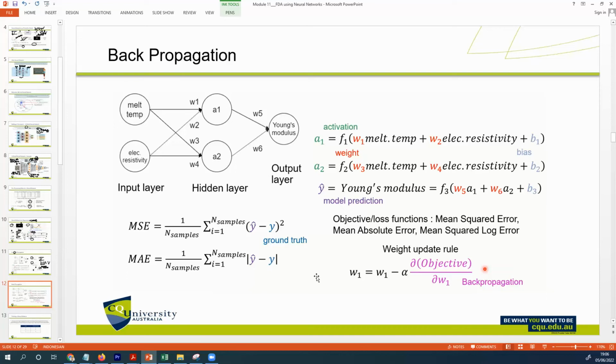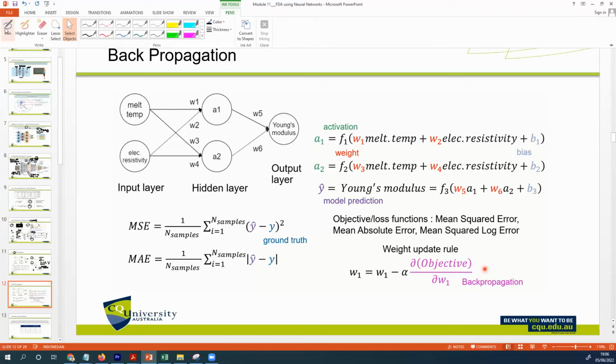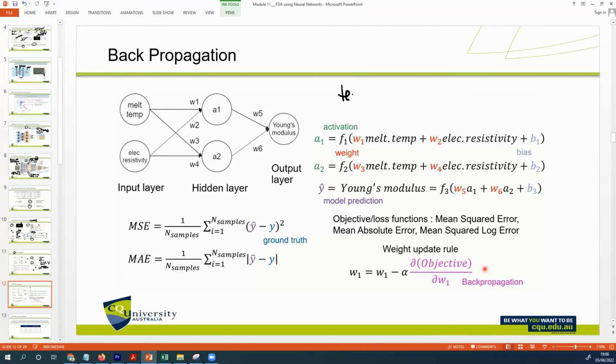And then the beauty of neural network is that there is also back propagation. Why do we need back propagation? There is training and testing.